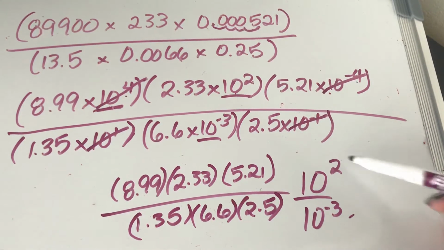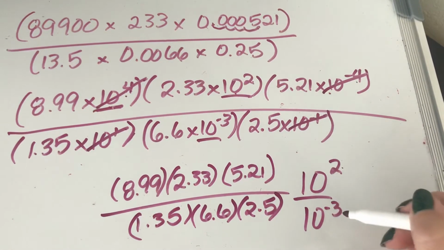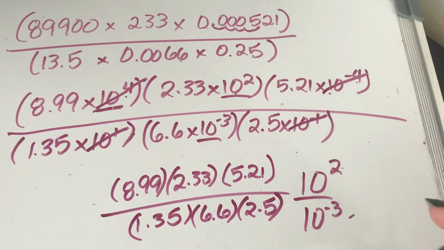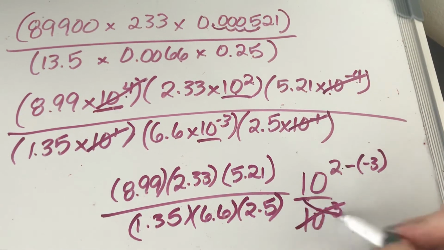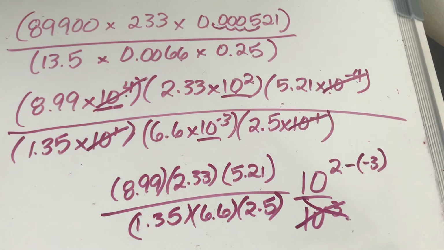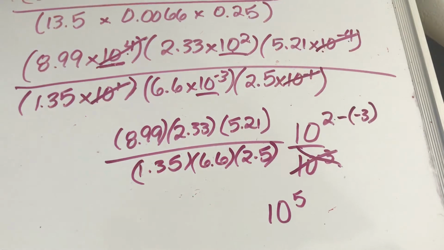But now with the top and the bottom, we're doing 2 minus negative 3. It's 5. Yep. So we have 10 to the 5 as our power of 10, right?